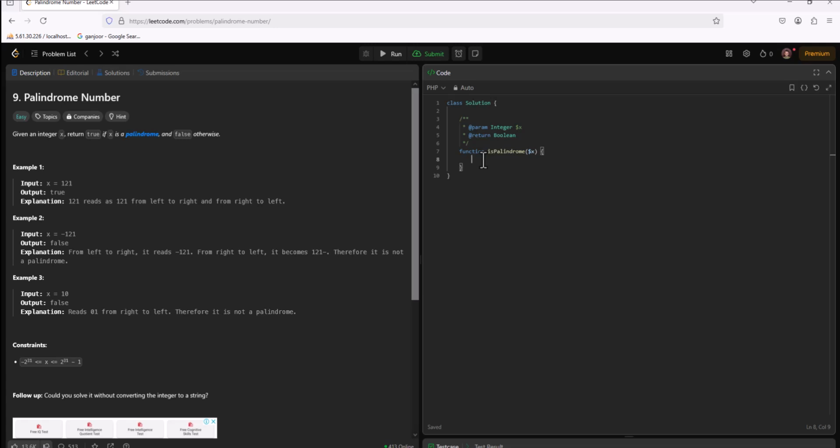But there is a problem here. For example, in example 2 it says input negative 121. From left to right it reads negative 121, but from right to left it becomes 121 negative. Therefore it's not a palindrome.